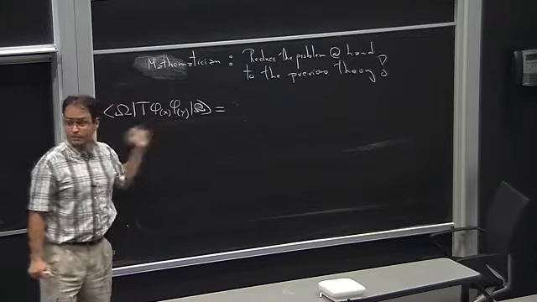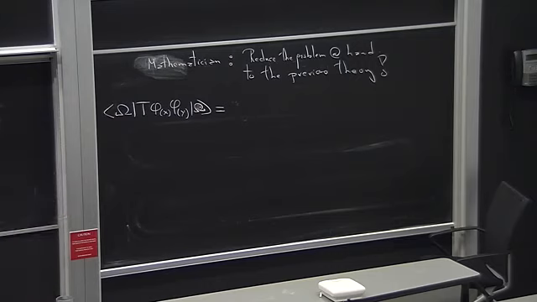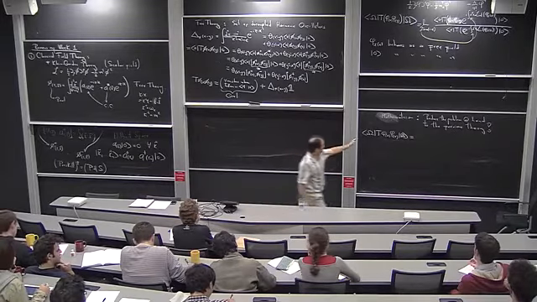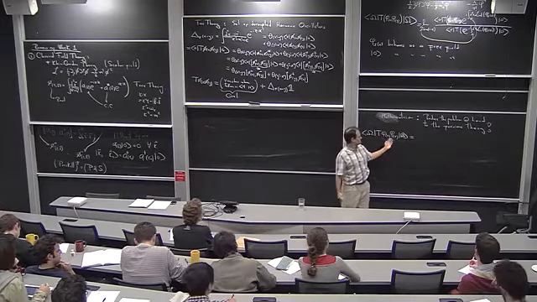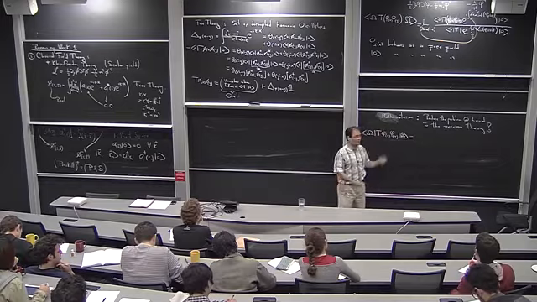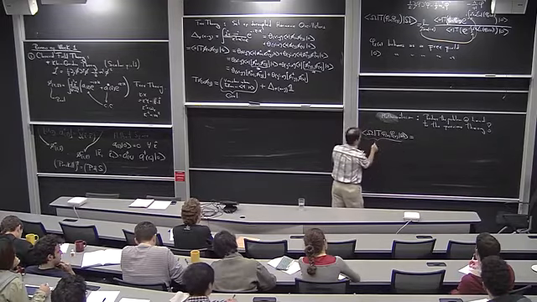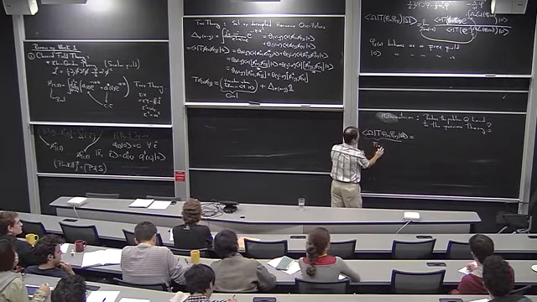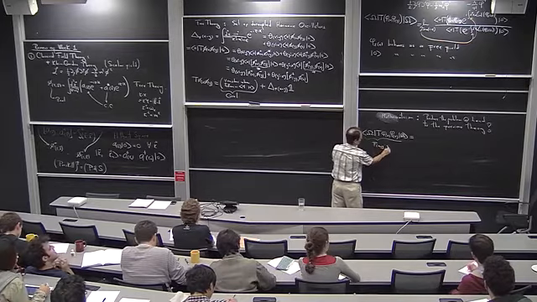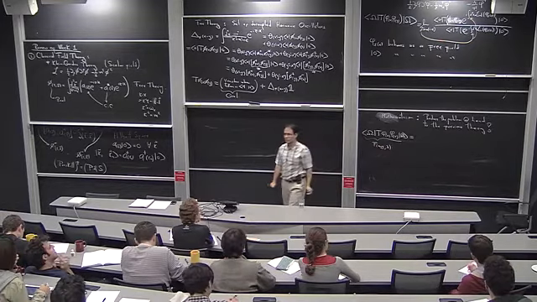That this function, as a function of x and y, is going to be just a function of x and y, right? I mean, the only things that this is going to be a function of are x and y and lambda, right? So this object is going to be some function of x minus y, by the way, and lambda, okay?